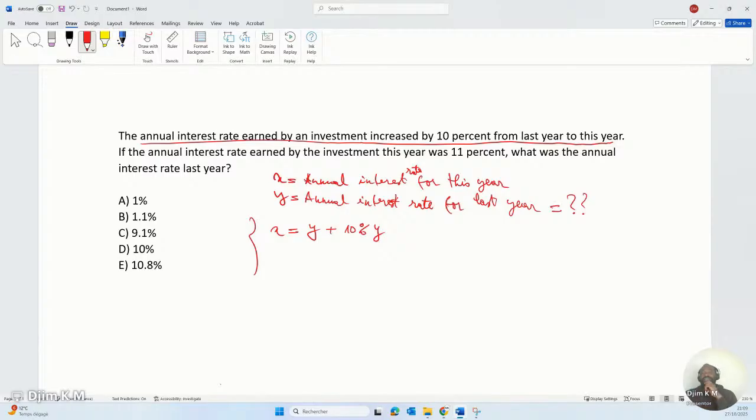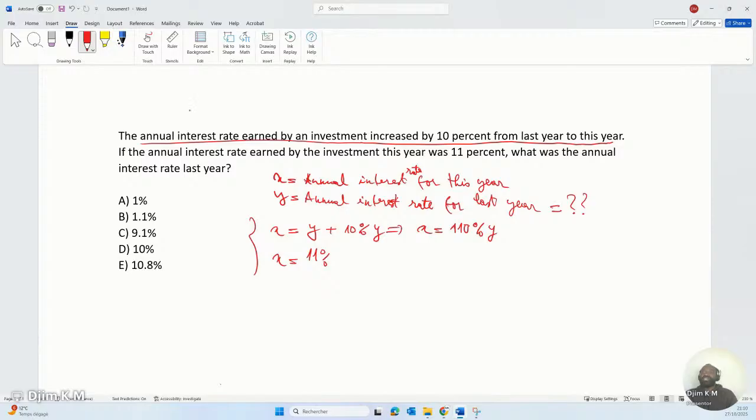So y is what is of interest here. This also means that x, the interest rate, is equal to 110% of y. But the second line says the annual interest rate earned by the investment this year was 11%, so it simply means x is 11%.